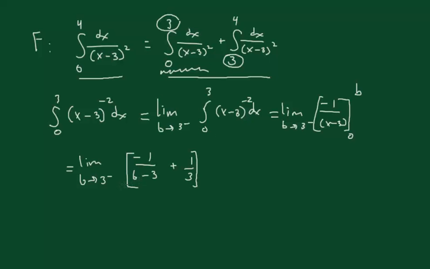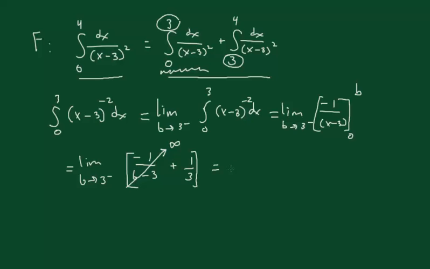It's approaching from the left, so it's approaching 2.5, 2.9, 2.9999999. As we plug those in, this denominator is going to be negative, but getting really close to 0. So we have negative over negative, which is positive, and 1 over that really small positive number will give us infinity.